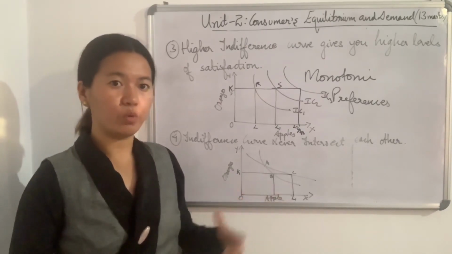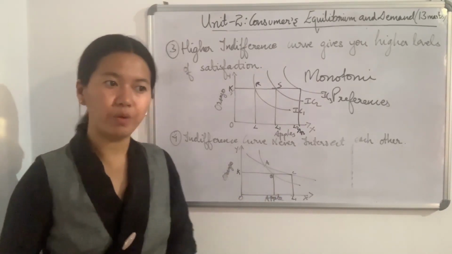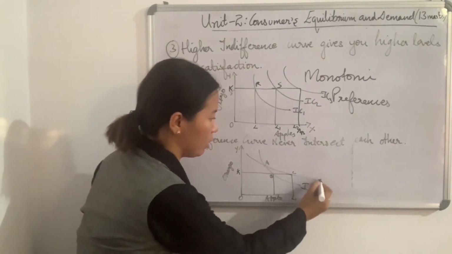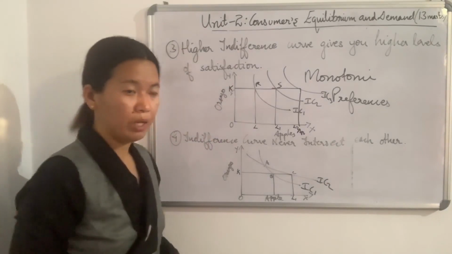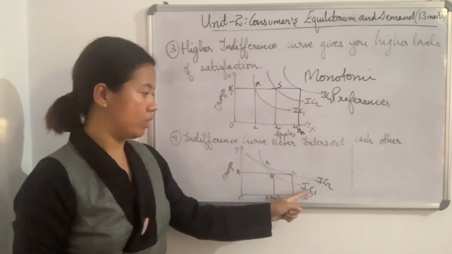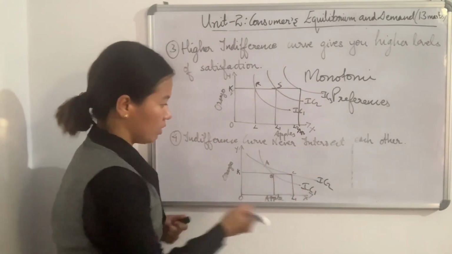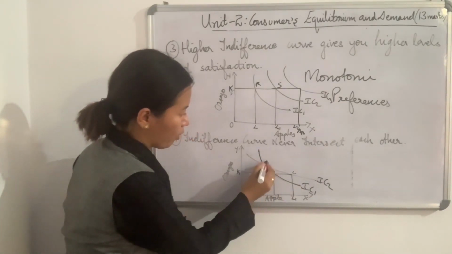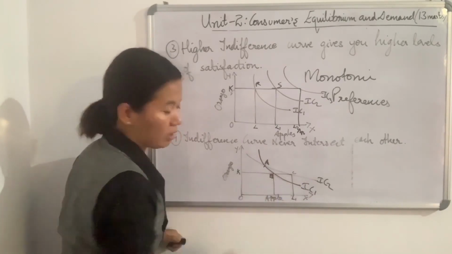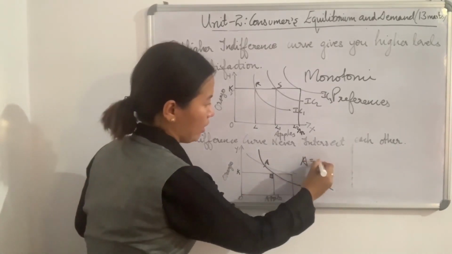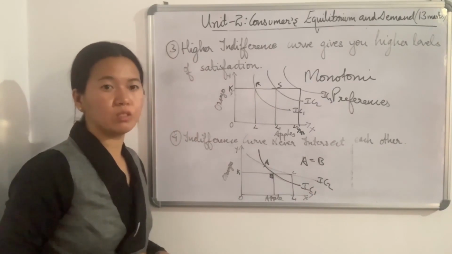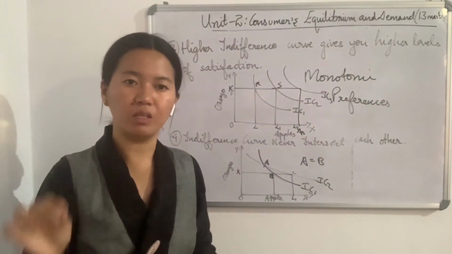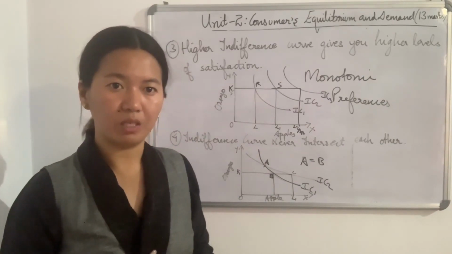From this diagram, we are going to prove that indifference curves will never intersect each other. There are two indifference curves, IC1 and IC2. On IC1, we have point A and point B, which means that A is equal to B, because from the definition itself, any point on the same indifference curve gives you the same level of satisfaction.